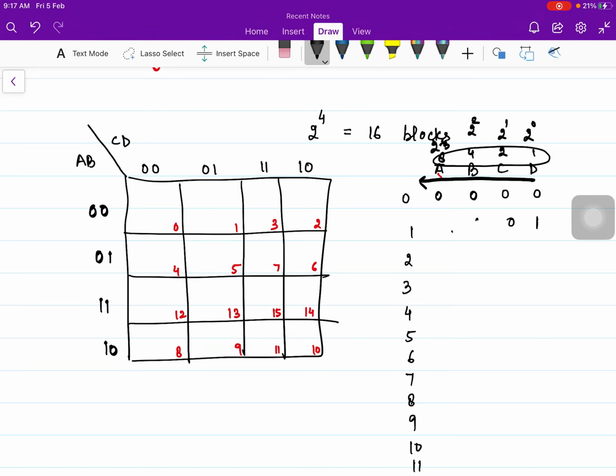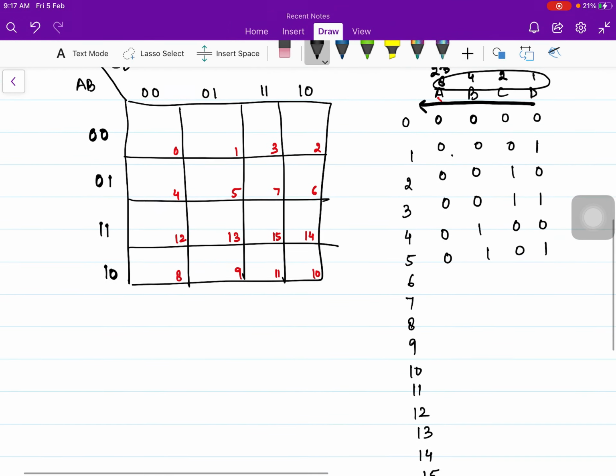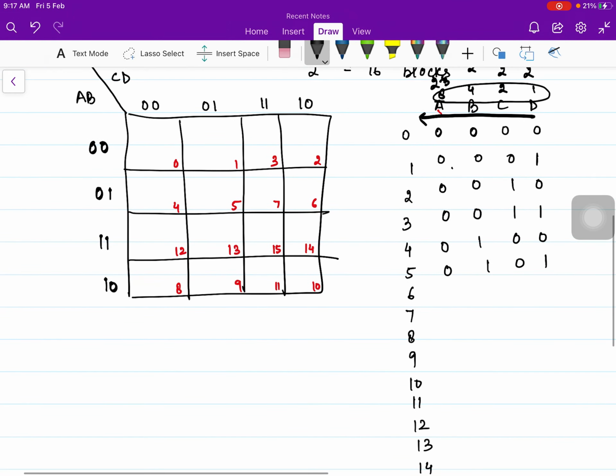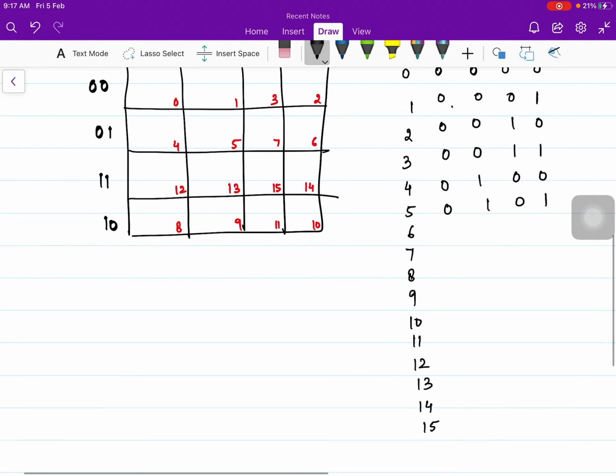So you will place a 1 here and a 0 on the other side. Then for 2, you will place 1 here. For 3, you will have a sum of 2 and 1, so you will put 1s under 2 and 1. Similarly for 4 it will be like this, for 5 like this, and so on till 15. For 6 you will write this. For 7 you will write this because 4, 2 and 1 will give you 7.